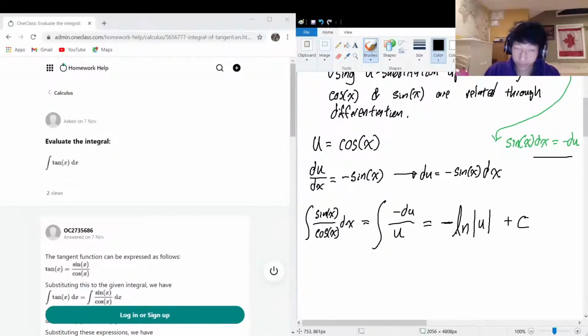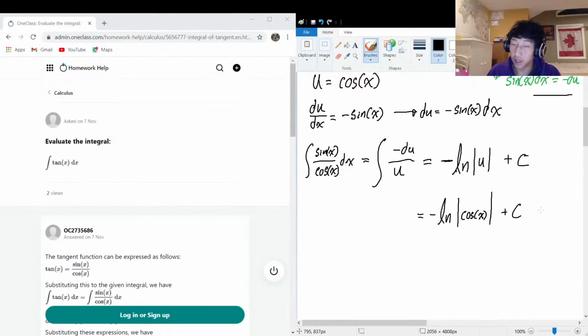Now that we have this, we got to resub out u for what it is originally, which is cos x. So we can rewrite this as negative natural logarithm of absolute value cos x plus c, plus the constant. And that could be our final answer.